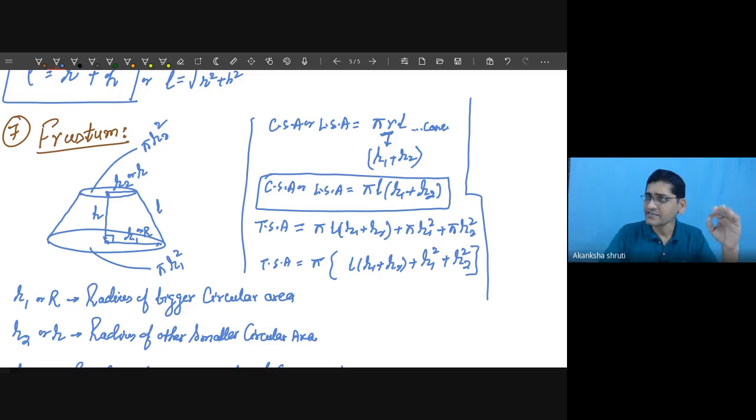But by modifying the radius of the cone, we are able to get the frustum. So the volume of the cone is 1/3 of pi R square H. Now this R, which is for the cone, has to be replaced.